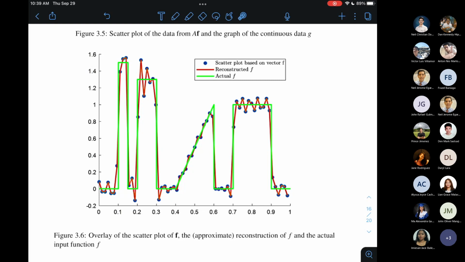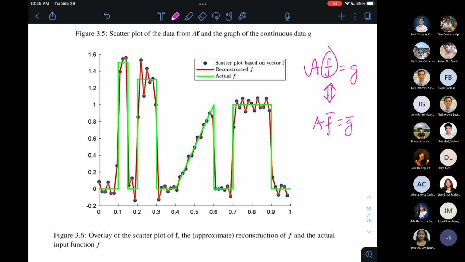Kaya ito yung isa pang usual thing. When you're writing a program to solve for something, tinetest muna natin siya using simulated data. Katulad ng ginawa natin kanina, alam ko na si F from the start, ni-run ko yung forward problem, na-compute ko si AF, tapos nakuha ko si G. Tapos para i-test yung aking program, kung nag-work ba siya ng tama, kinuha ko yung linear model, yung discrete model para sa kanya.